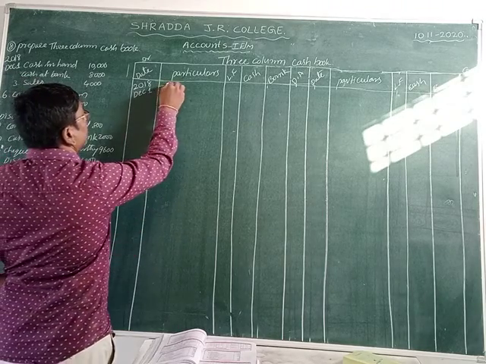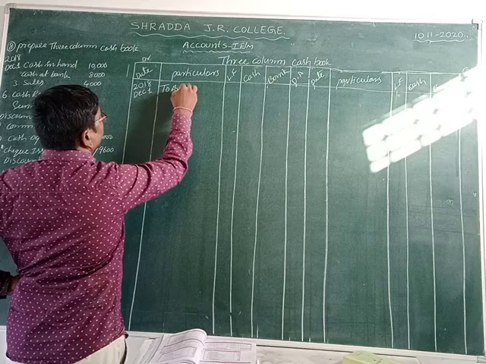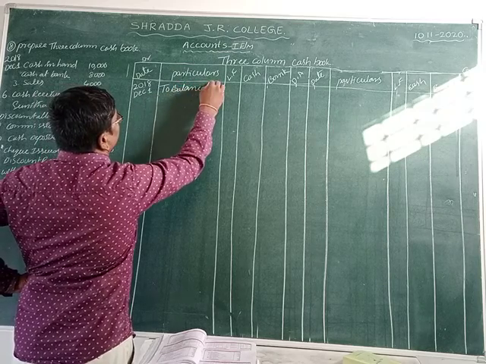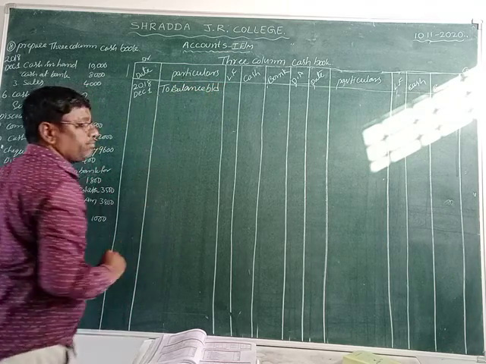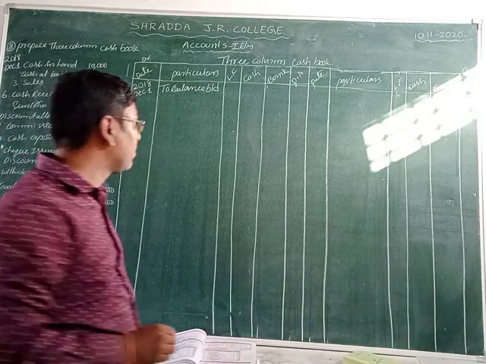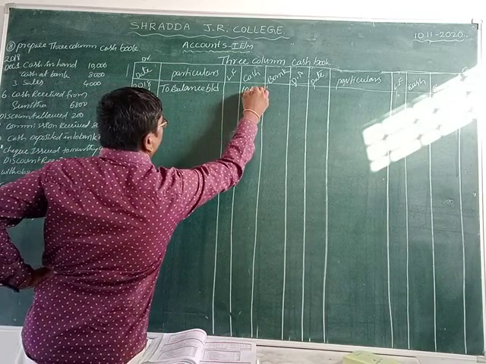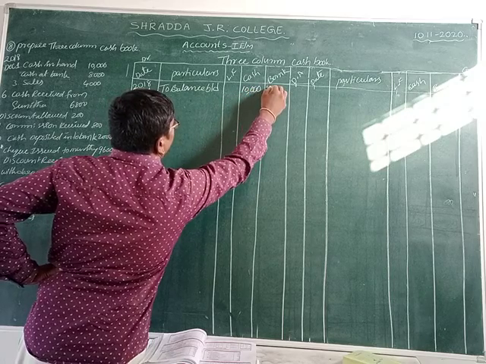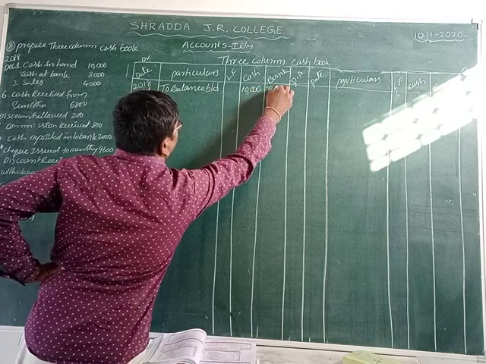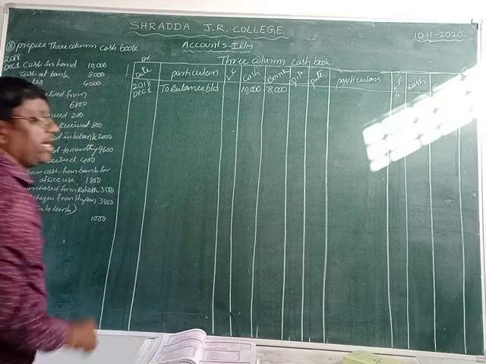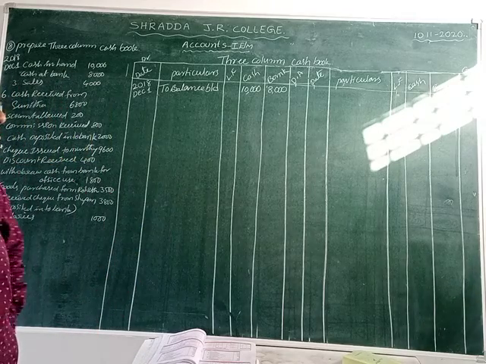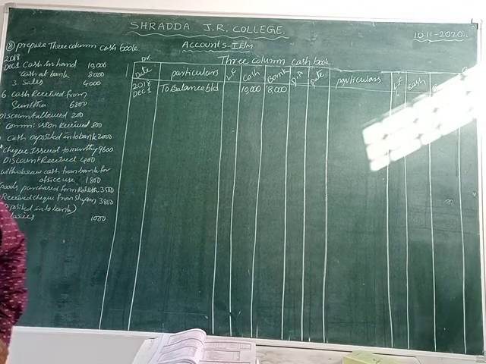Let us take to balance brought down. To balance brought down. What is the cash amount? Cash amount is 10,000 rupees. Bank amount is 8,000 rupees. Isn't it? Cash amount is 10,000. Bank amount is 8,000 students.